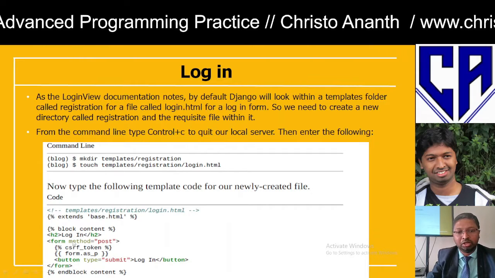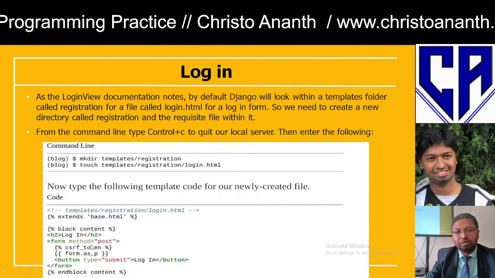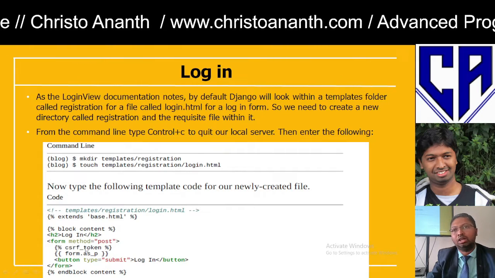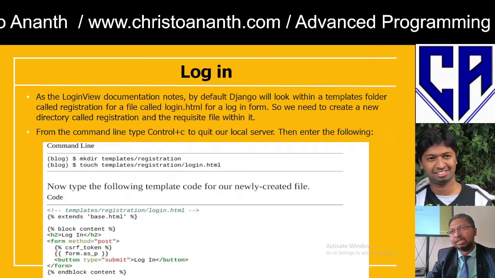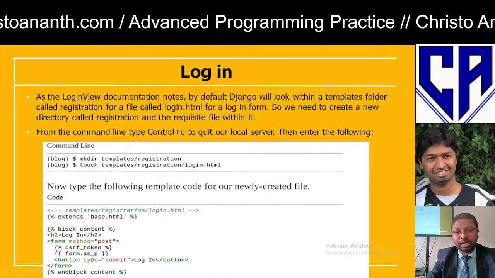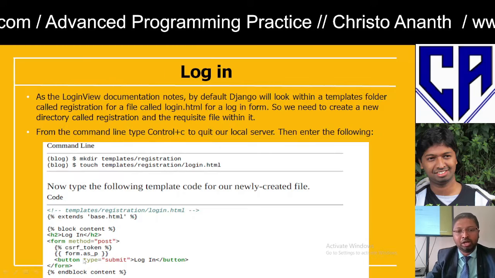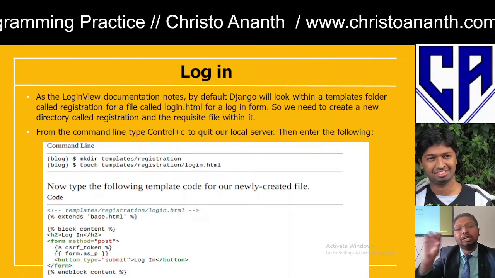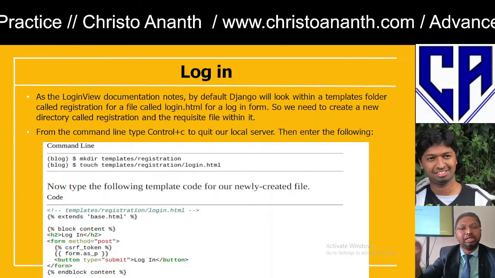For the form method we are going to set it as post, and to increase security and fight XSS attacks, we are going to include the CSRF token and form.as_p. We are going to have a login button also. That is the reason we set the button type equal to submit. That is the login.